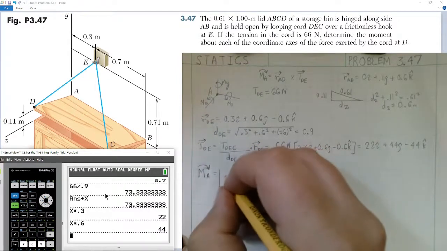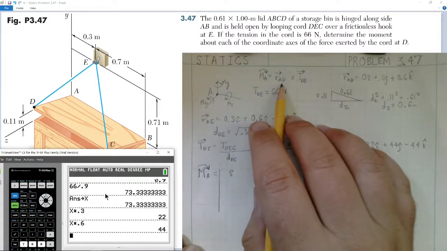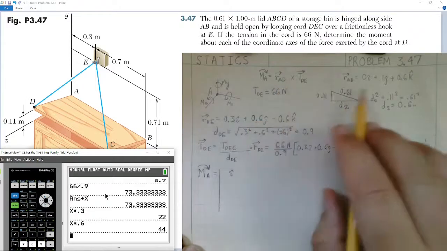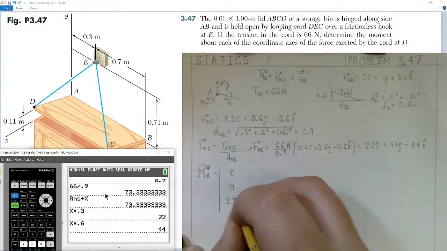So we have the value of i hat for the first term. Our component of the position vector going from A to D would be 0. And then our tension value is 22.